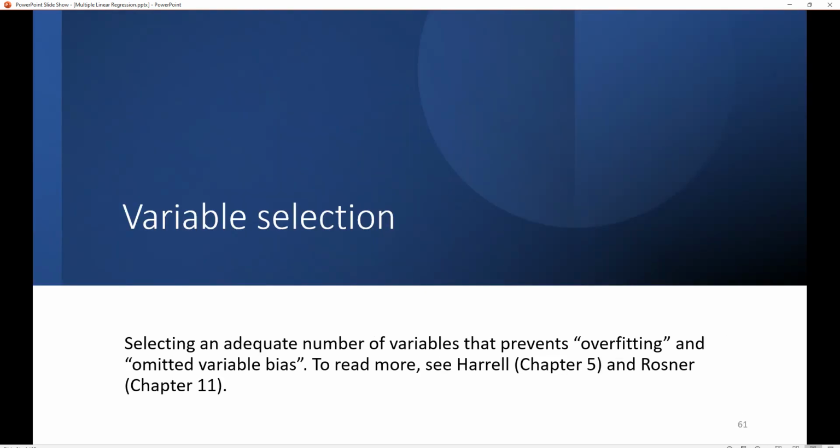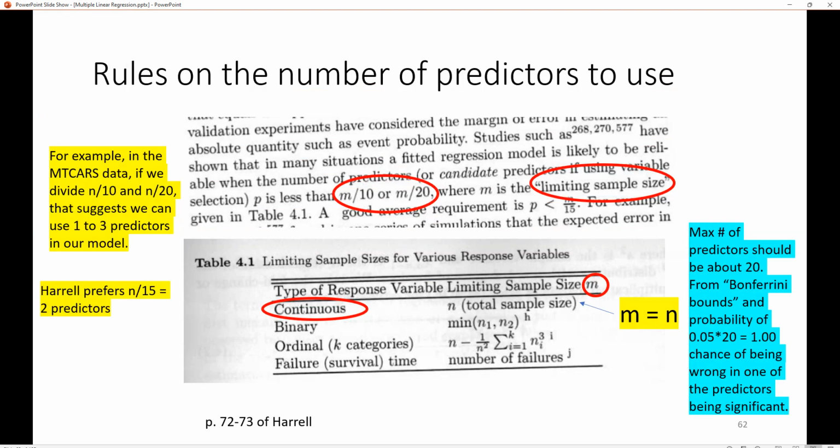And so that brings us to variable selection, and that's selecting an adequate number of variables that prevents overfitting and omitted variable bias. I have Harrell's Chapter 5 and Rosner's Chapter 11 as other things that you can read if you wanted to learn more.